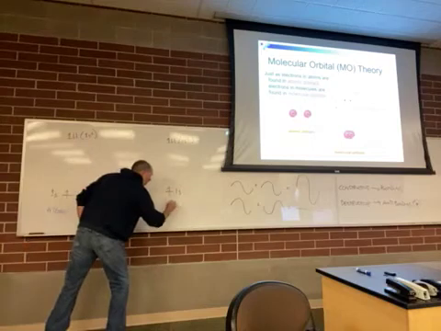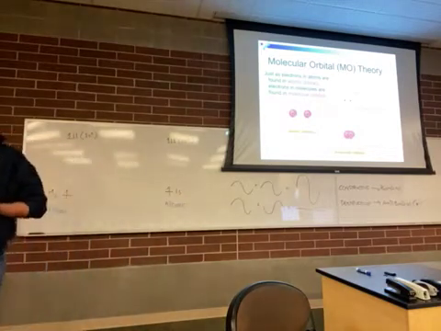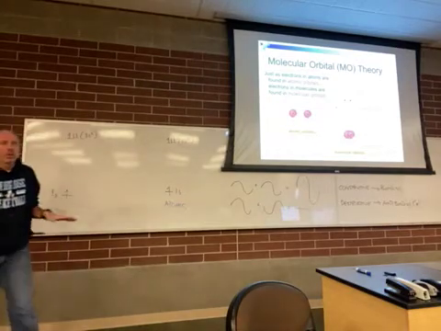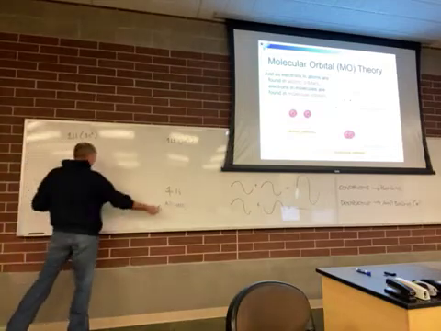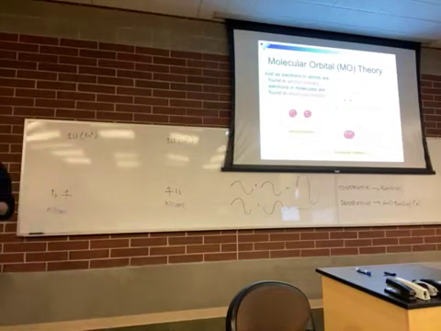How many atomic orbitals do I have? 2. Since I have 2 atomic orbitals, I have to have 2 molecular orbitals. I can't just get rid of an orbital. Therefore, I have to have 2 molecular orbitals, but they have to be different.